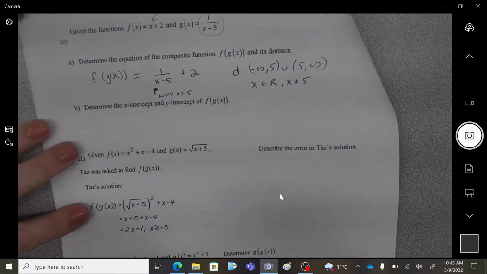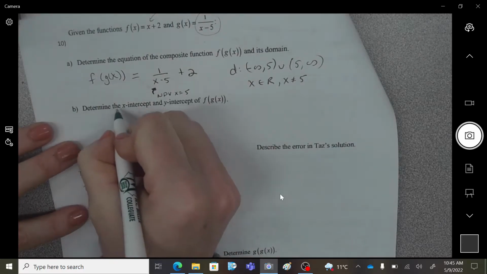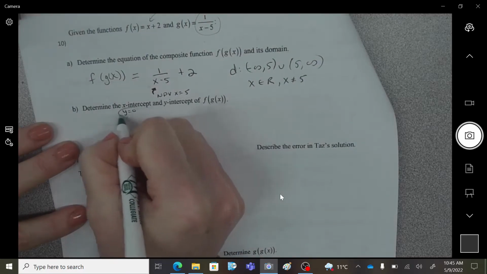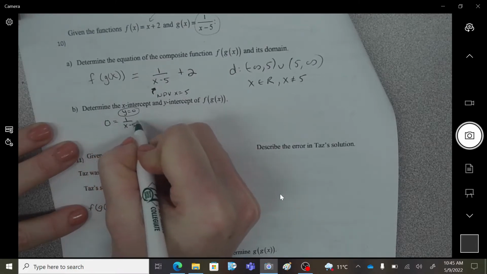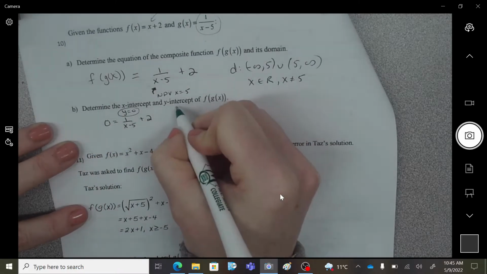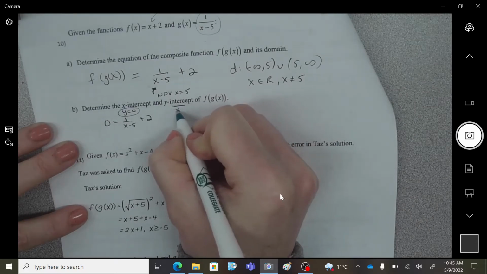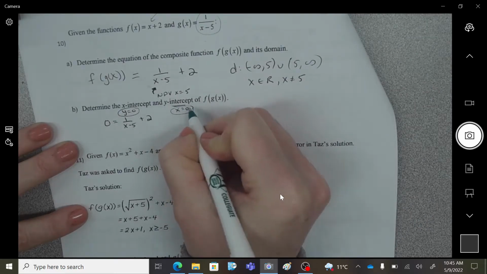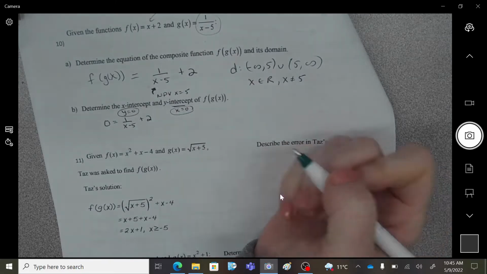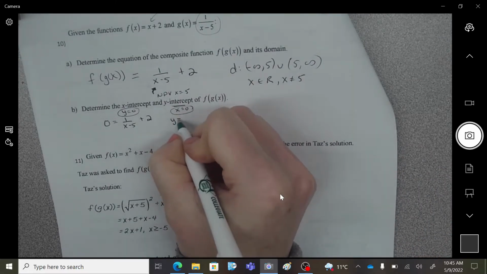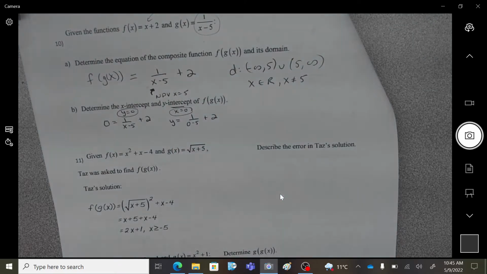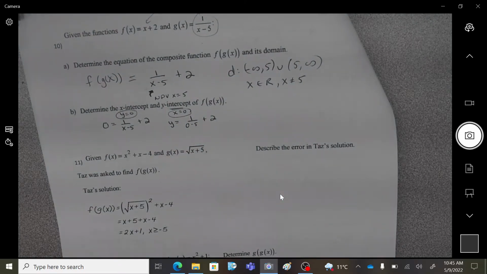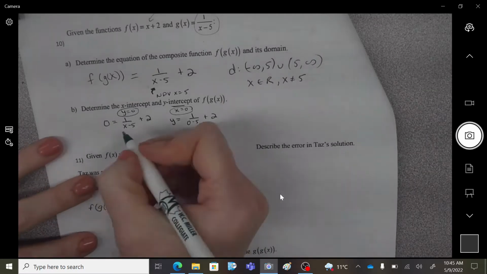Determine the x-intercept. So the x-intercept is where y is 0. And the y-intercept is where x is 0. Okay, so now I'm going to solve for both of those.